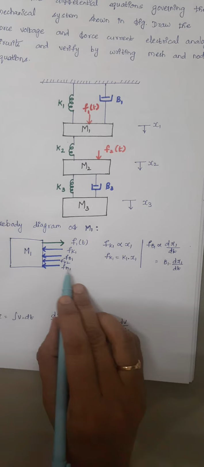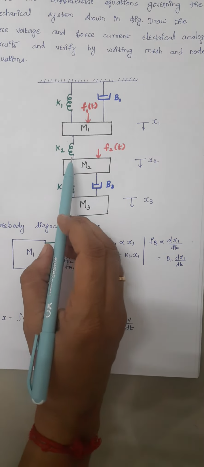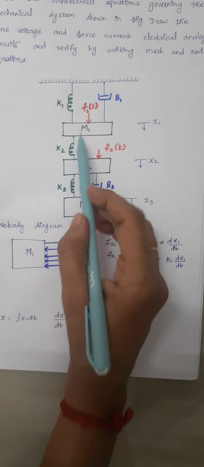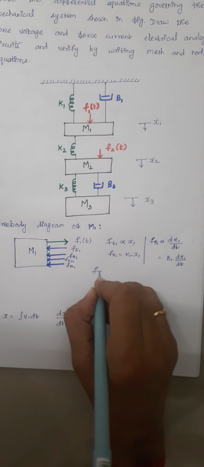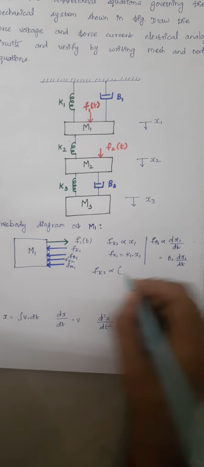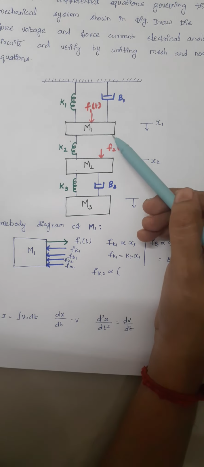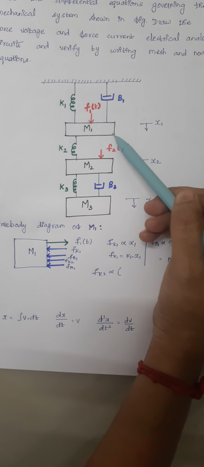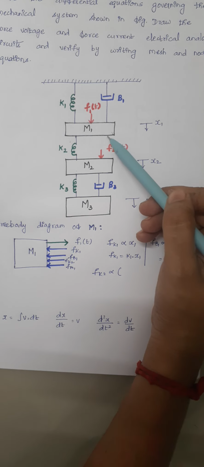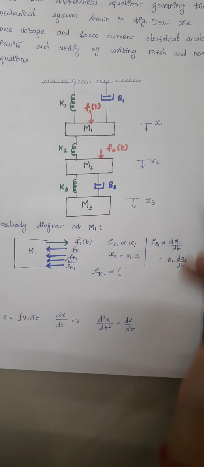And the next one is Fk2. Here again this K2 is connected between masses M1 and M2. While writing Fk2, which is directly proportional to, here we are considering mass M1, so we have to consider the displacement of mass M1 first. So we write it as x1 minus x2.